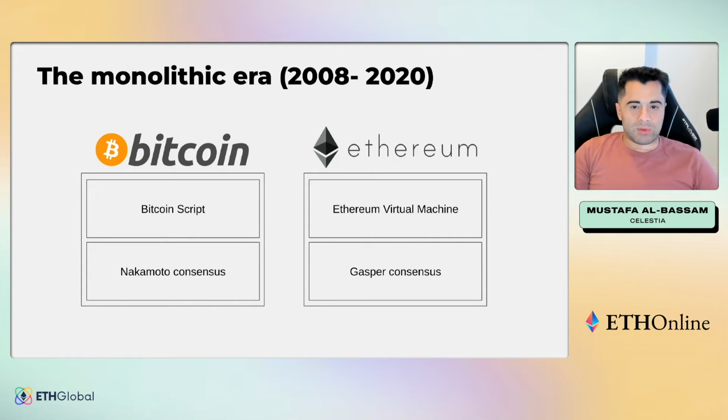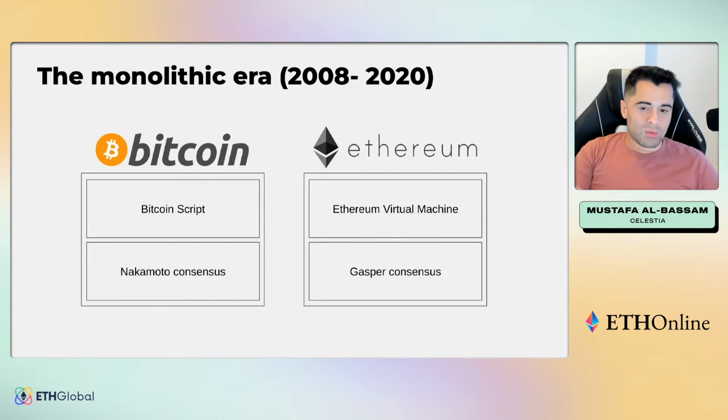So between 2008 and 2020, blockchains were basically fit into this sort of monolithic era where you had Bitcoin and Ethereum, which had a very similar architecture, where effectively you had an execution environment. For Bitcoin, it was Bitcoin script.